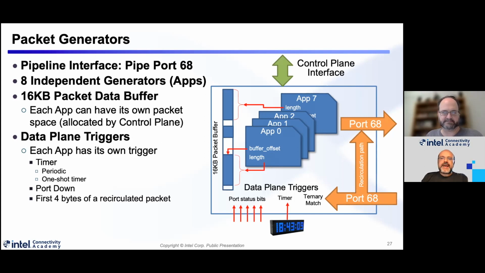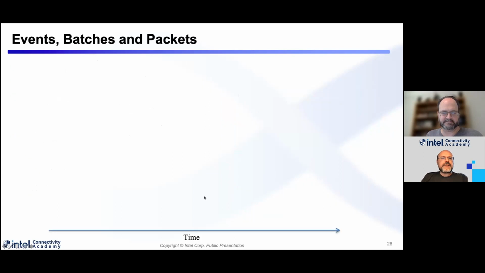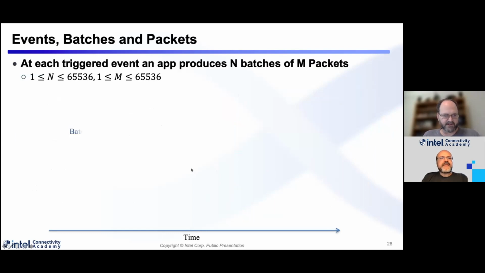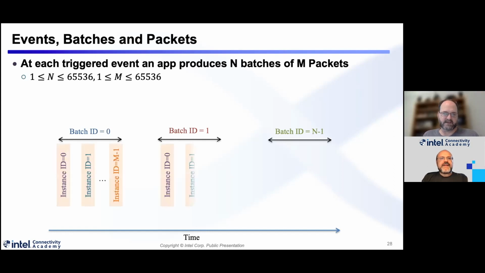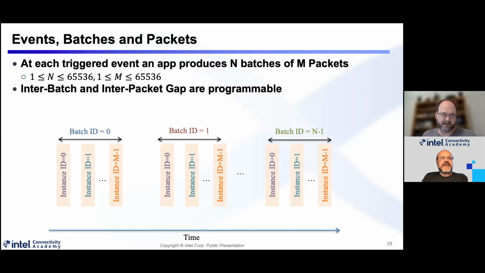So how many packets can the engine generate? I've been talking only about the word trigger. Every time this trigger occurs, the periodic or the one-shot timer, we can configure a number of batches that we want to generate. That is one number that we configure, and then within each batch, how many packets we want to generate.